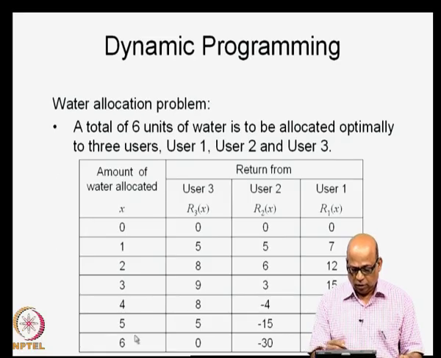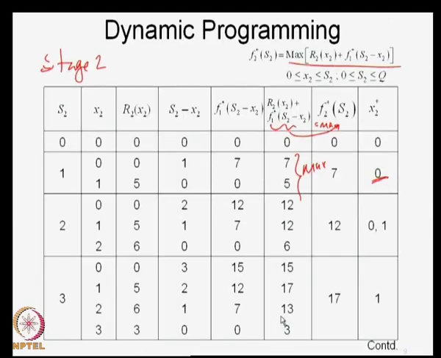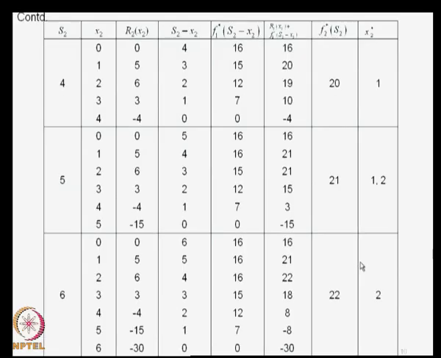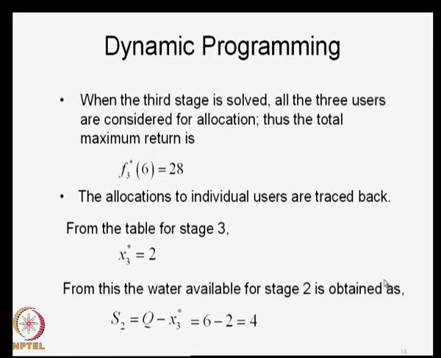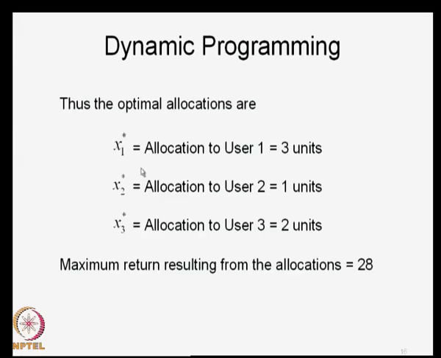Now, this is the data. We are saying X3 star, I think we got X3 star to be 2 here, and let us write down X3 star is 2, X2 star is 1 and X1 star is 3. So, 3 1 2, user 1, user 2 and user 3.